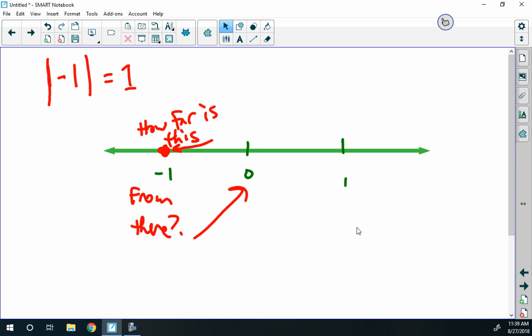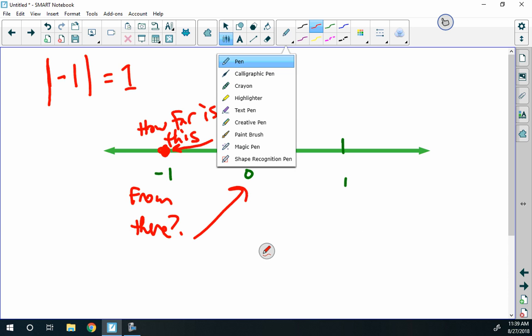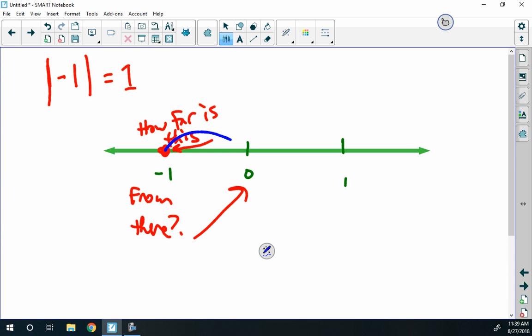How far away is that dot from 0? And so if you were to grab your magic marker and run over there, you'd say it's 1 unit. And that's why the answer is 1.